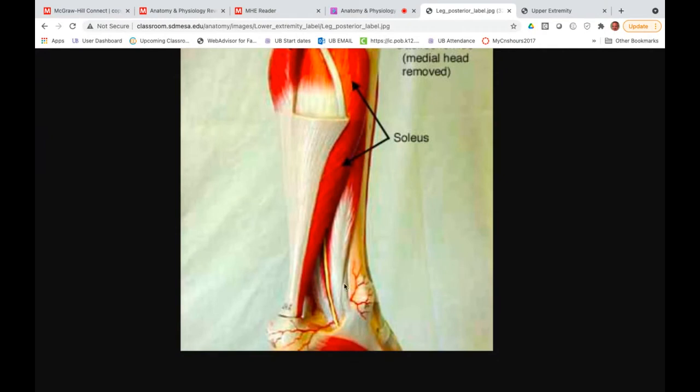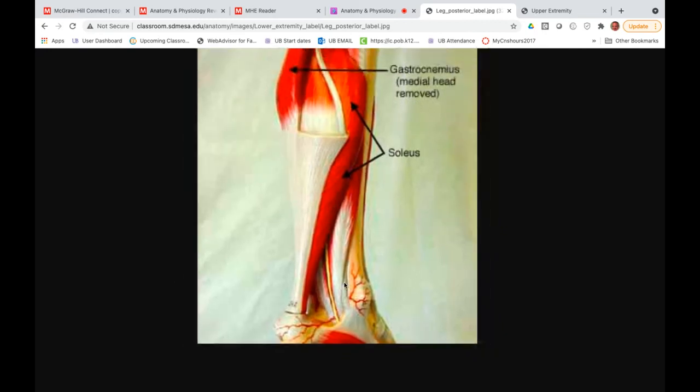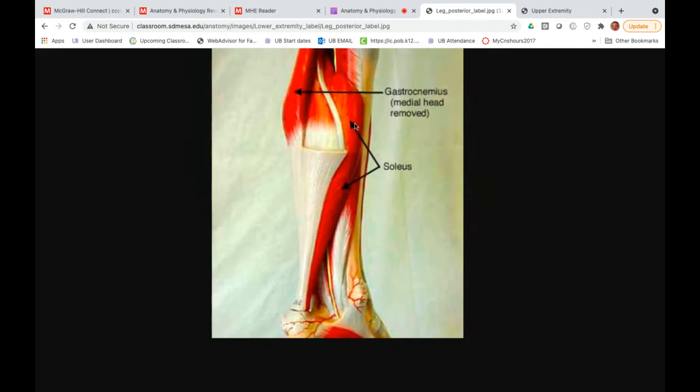Tibialis posterior, that's Tom. Flexor digitorum longus, the D for digitorum. AN, tibial artery, tibial nerve. And then H for Harry, flexor hallucis longus. It's a little silly way to remember them, but the superficial muscles are the gastrocnemius and the soleus and that plantaris.